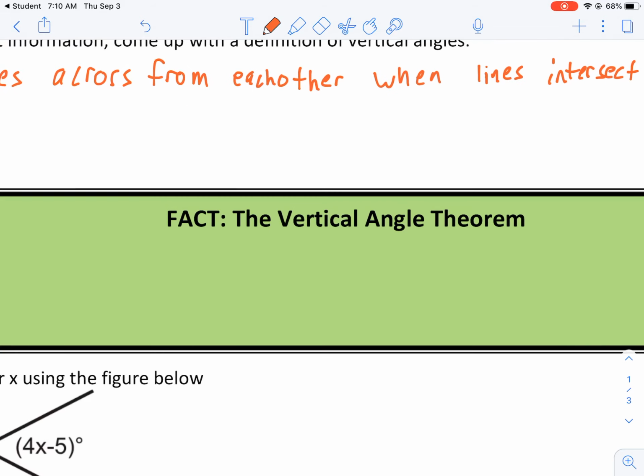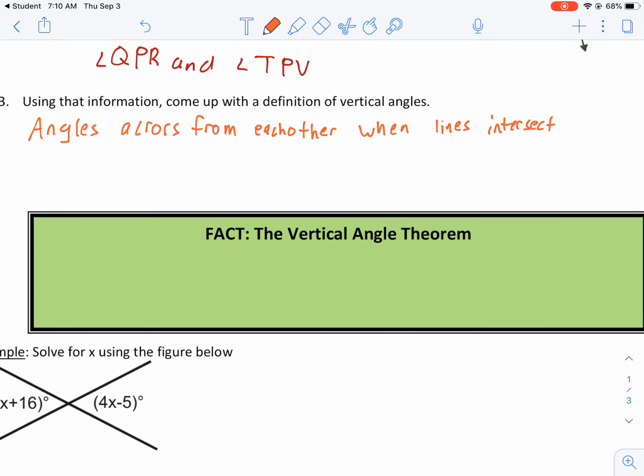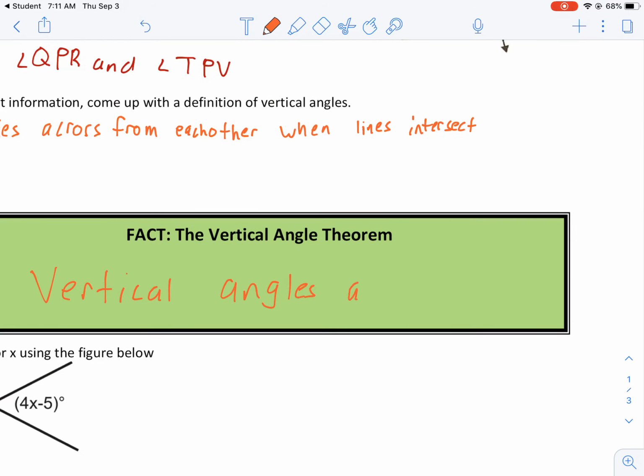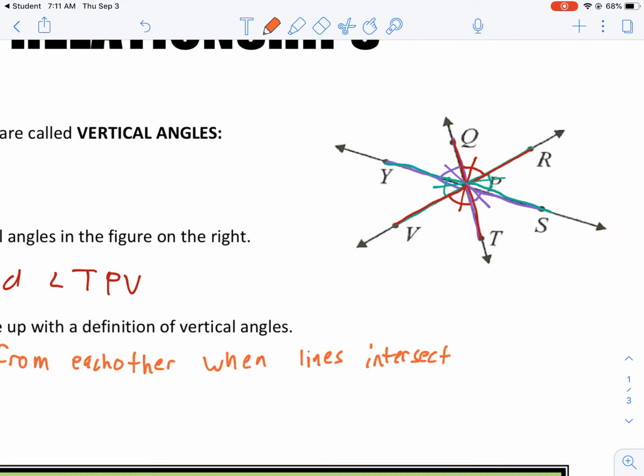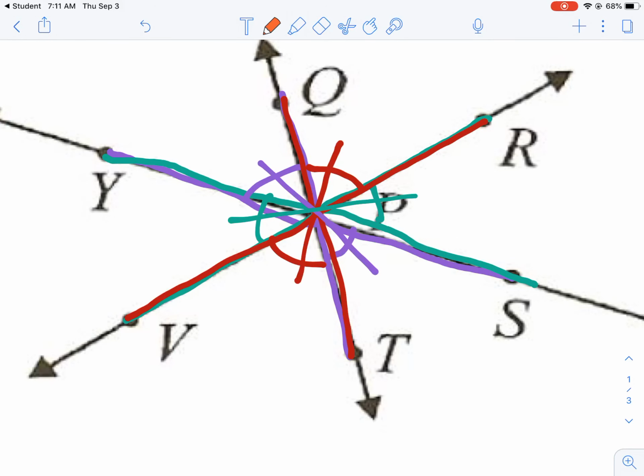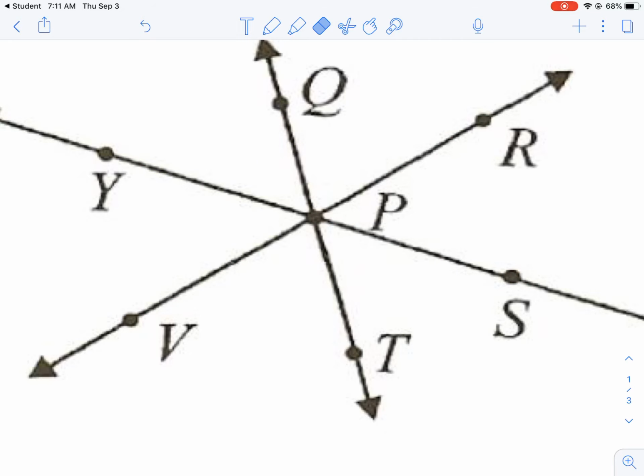It says that vertical angles are congruent. That means they have the same angle measure. If you look at this picture, you can kind of see that. The angles directly across from each other have the same angle measure.